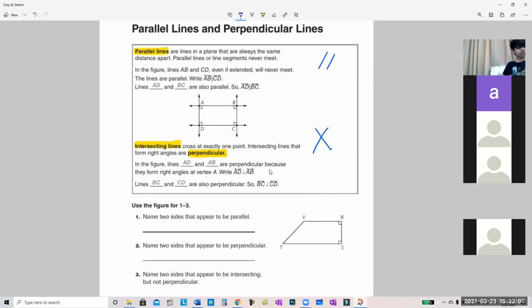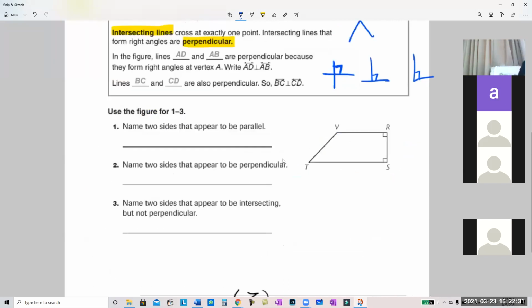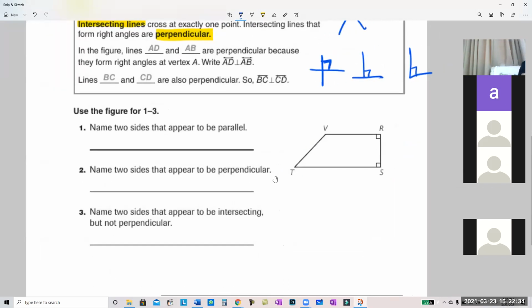And perpendicular lines are two lines that intersect in one point, but in a special case of intersection because they form a plus sign, a square corner, a T shape, or an L shape. So if we have two lines forming a square corner with each other, they are perpendicular, okay? Based on these facts, let's see these examples.